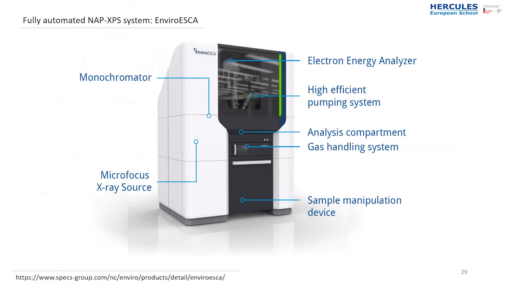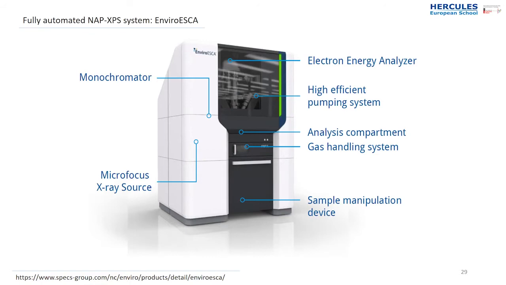That was just a few examples of what was done mainly in the recent two years. And I mentioned at the beginning of my talk that EnviroESCA is another abbreviation for X-ray photoelectron spectroscopy. ESCA stands for electron spectroscopy for chemical analysis.